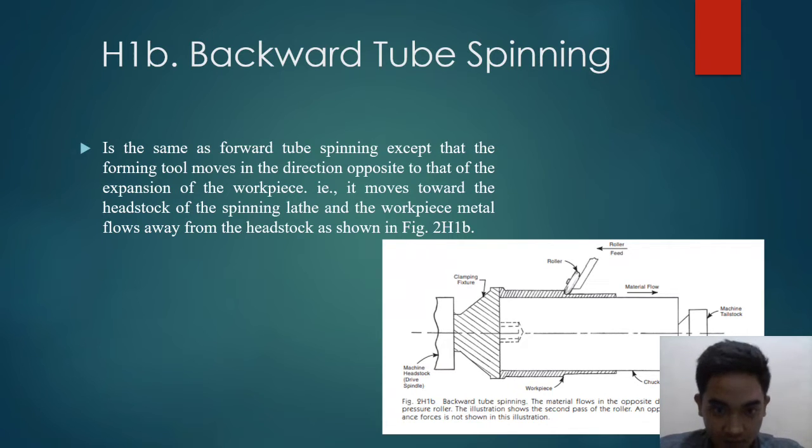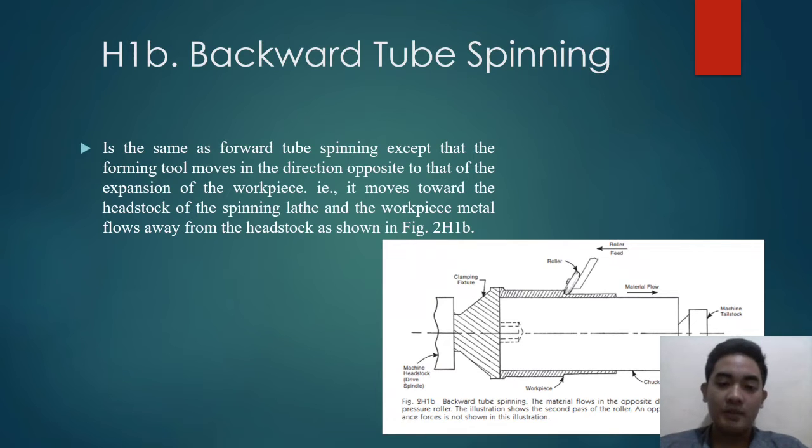It's moved toward the headstock of the spinning lathe, and the workpiece metal flows away from the headstock, as shown in the picture 2A 1B.